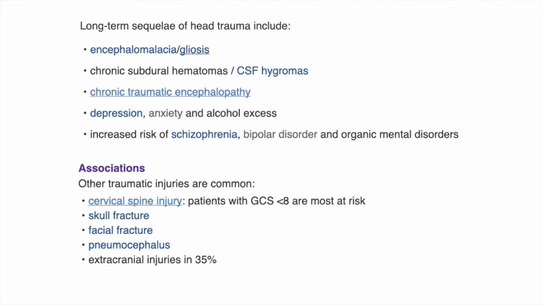When you have traumatic brain injury, you have to be sure the patient doesn't have any cervical spine injury. You have to look for skull fracture, facial fracture, also pneumocephalus, and extracranial injuries, which represent 35% of the cases.